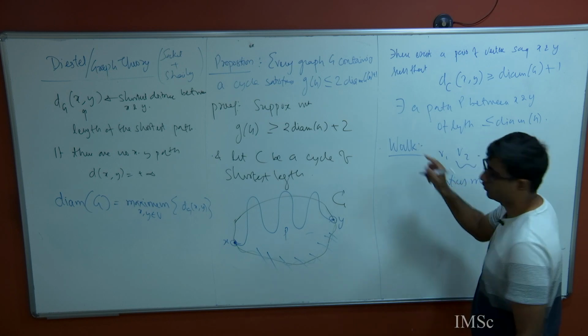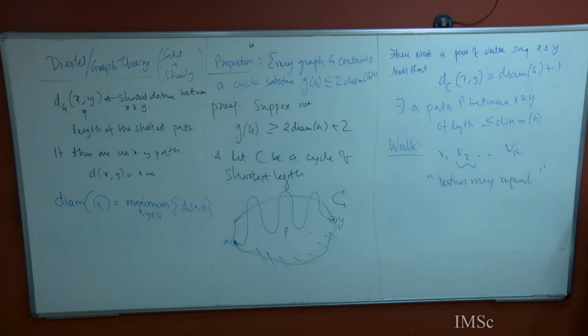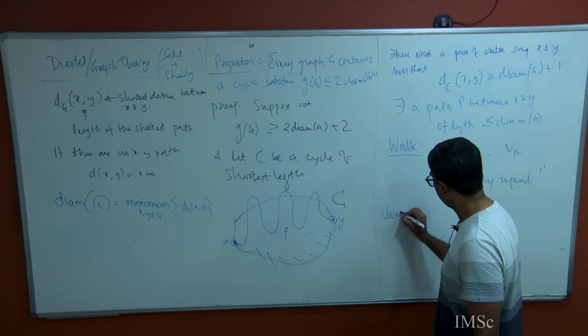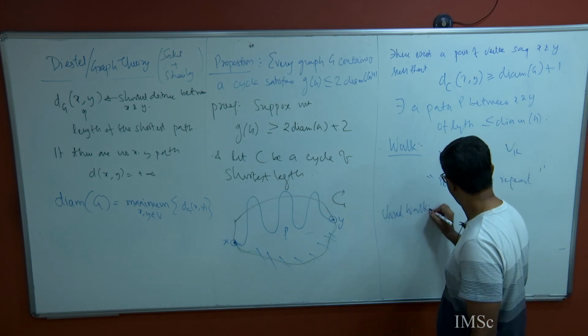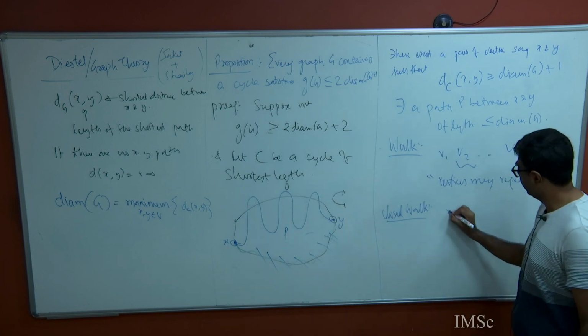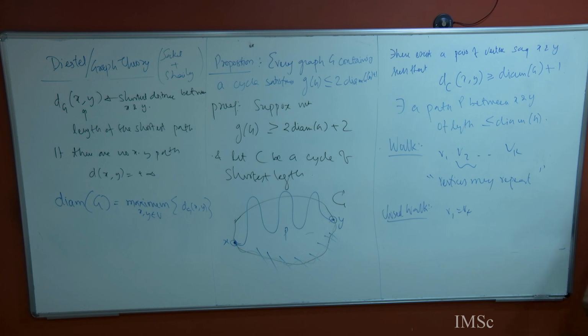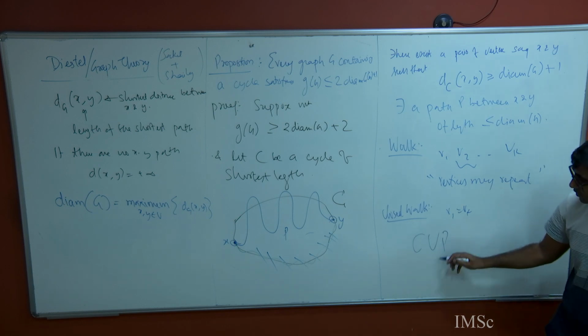This is why it is called a walk and not a path. And then there's a notion of what is called a closed walk. And what is a closed walk? If V1 is equal to Vk. Okay. So now, if you look at C union P, what is this?